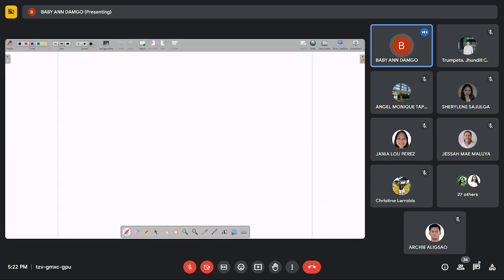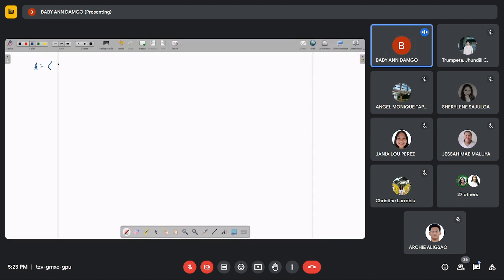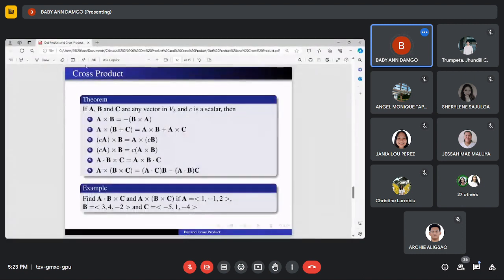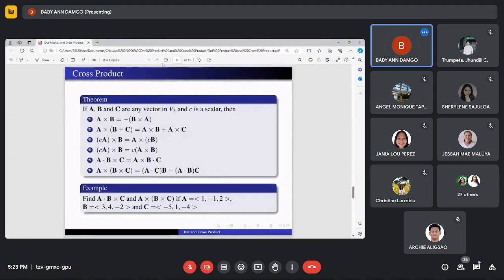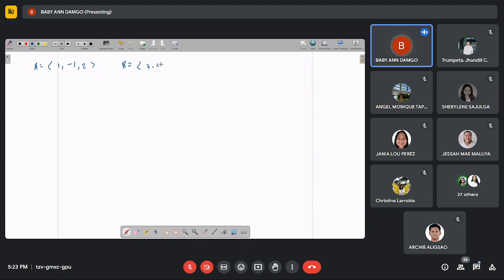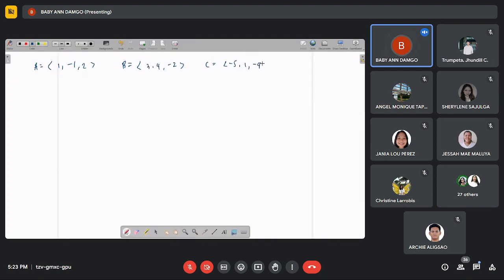So first, we need to show how to solve B cross C. If A is 1, -1, 2, and then B is 3, 4, -2, C is negative 5, 1, negative 4.